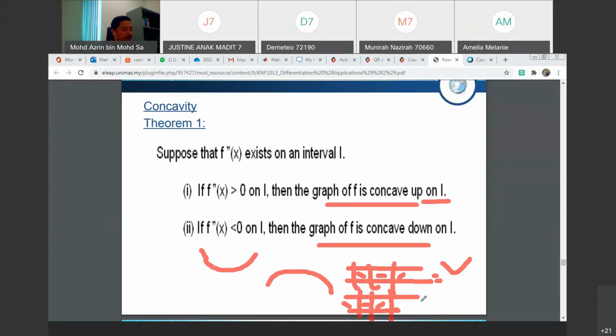Maybe one question on that. So your test 2 and also your final include the differentiation lah.